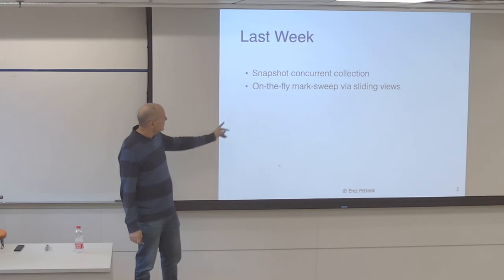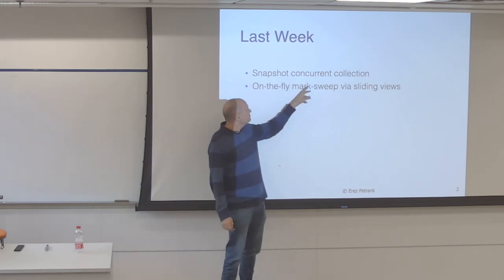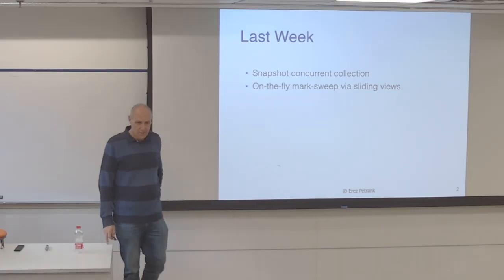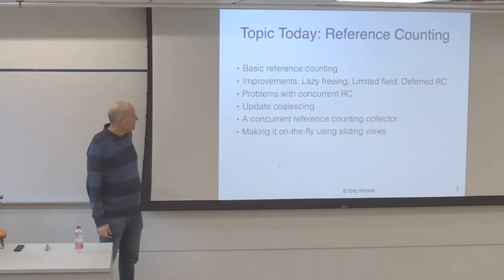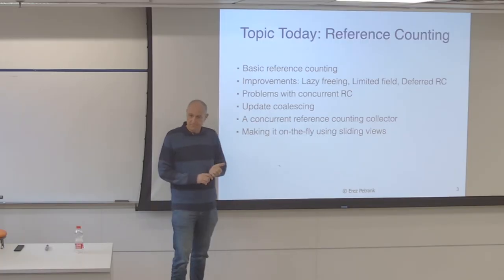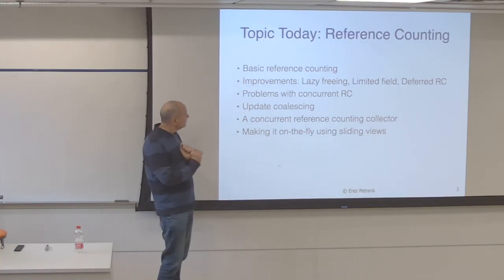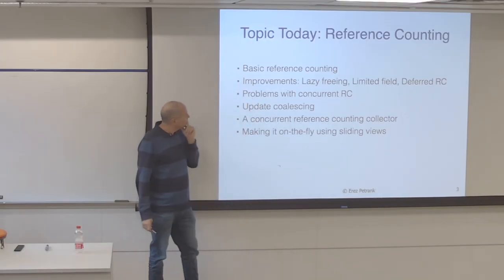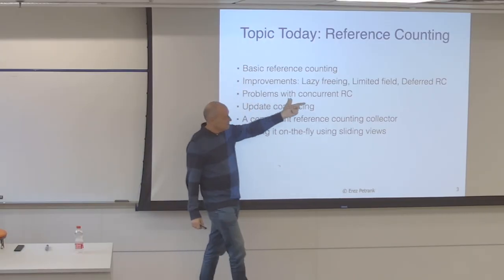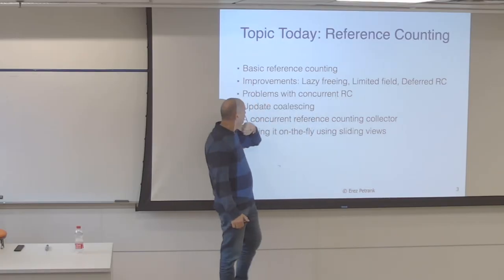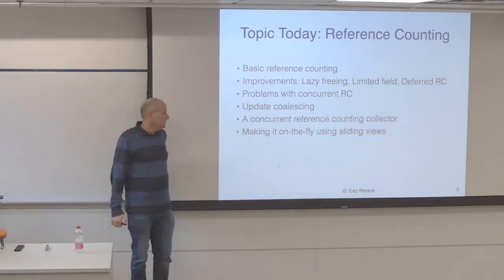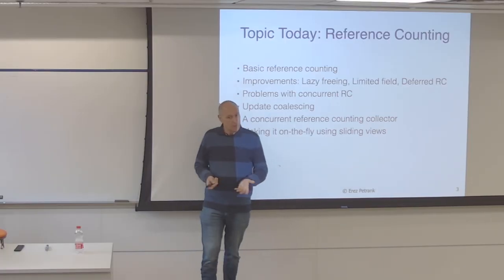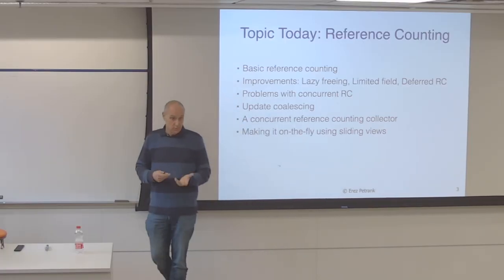Last week we talked about snapshots and on-the-fly mark-sweep collection, and today we want to do reference counting. We'll start with the basic reference counting, then do some simple improvements, and then we'll talk about why reference counting was not used for many years and why it was considered not so good.